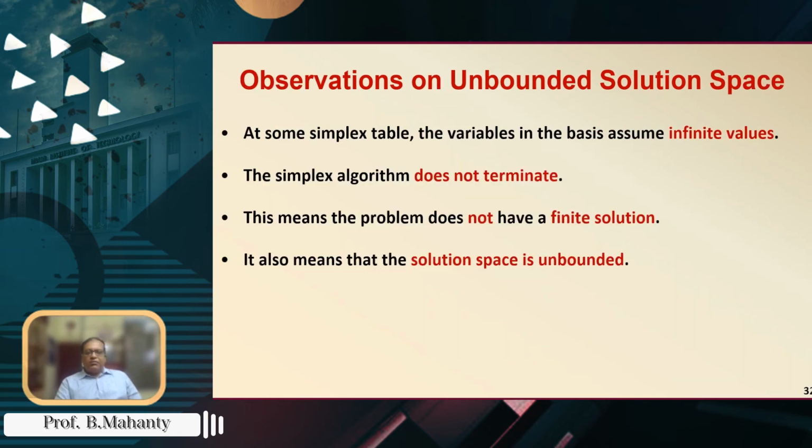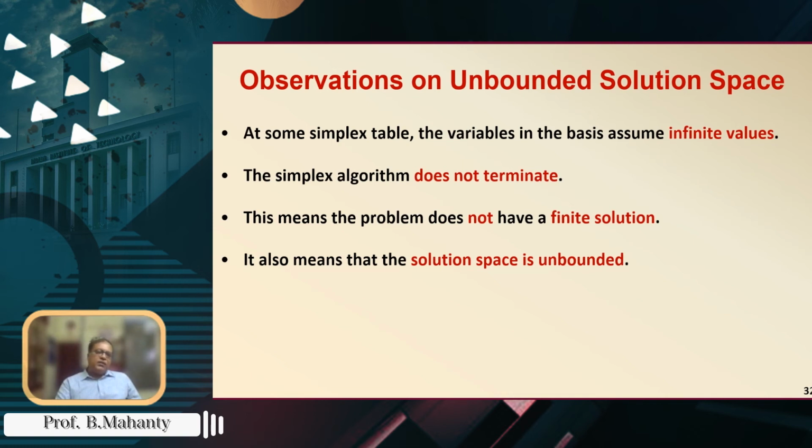So the observation on the unbounded solution space is such that at some simplex table, the variables in the basis assume infinite values. The simplex algorithm does not terminate. This means the problem does not have a finite solution. It also means that the solution space is unbounded. So what is really happening in an unbounded solution space?